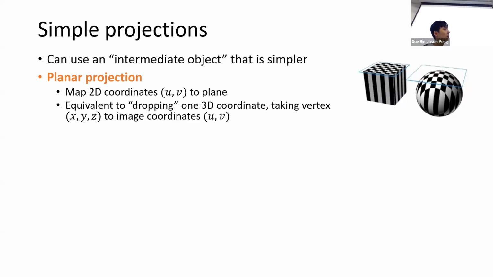But if you look at the texture pattern on the sides of the objects, we end up seeing very large distortions that end up leading to a pattern that no longer looks like the original checkerboard pattern that we started with. So as we move towards the side of the object, we see large distortions in the texture.